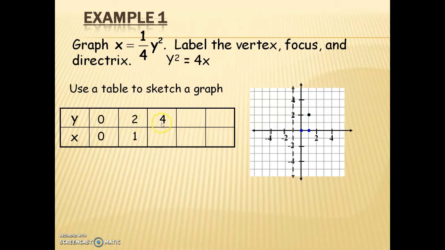If y is 4, x is 4, and the second point is (4, 4). If y equals -2, x is 1. The third point is (1, -2). Last, if y is -4, x is 4, so we have (4, -4). And we will draw the parabola opening to the right. That's the parabola.